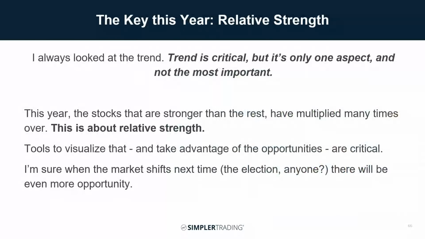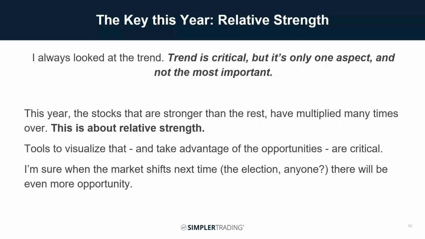And it's been so different this year. This year, it has been all about relative strength, okay? I've always looked at the trend. Trend is very important, but it's only one aspect, and it's not the most important. Relative strength is absolutely critical. People will always talk about RSI and say, oh, the RSI is going up or down.